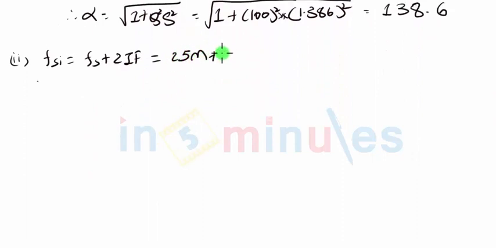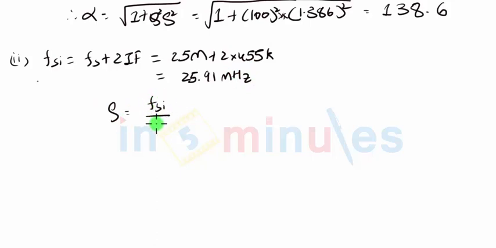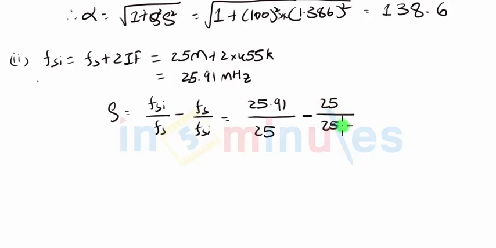So FSI, which is Fs plus twice IF, will be 25 mega plus 2 into 455k, and this will turn out to be 25.91 megahertz. That's my FSI. So rho will become FSI upon Fs minus Fs upon FSI, which is 25.91 divided by 25 megahertz minus 25 mega upon 25.91.